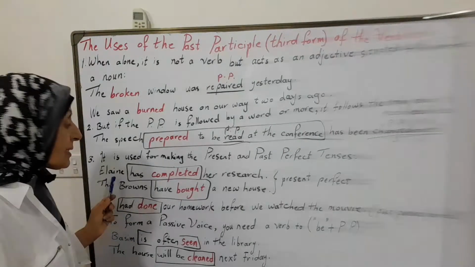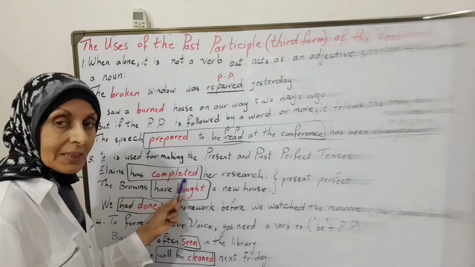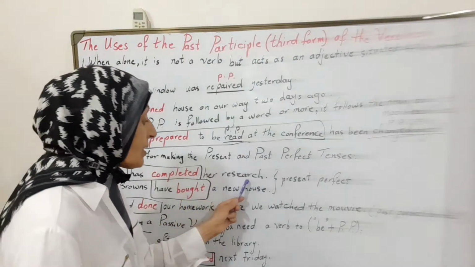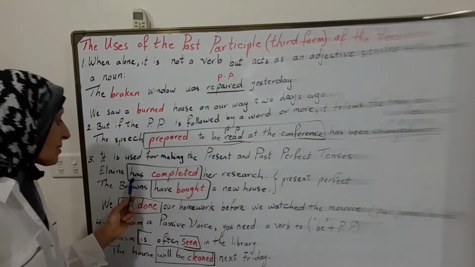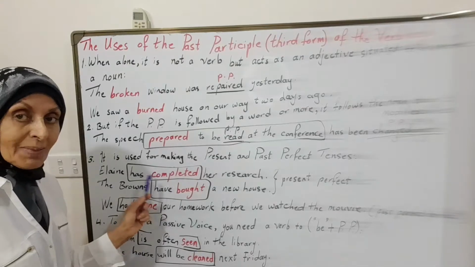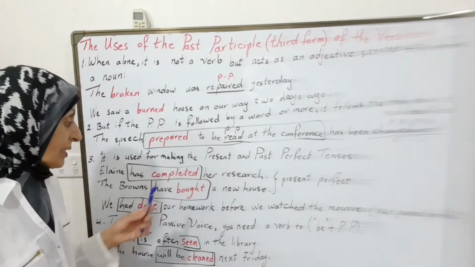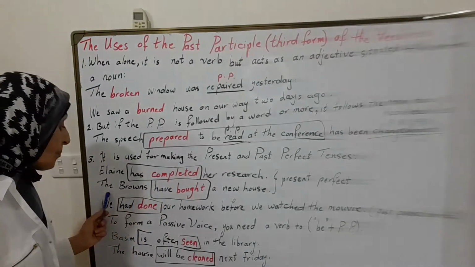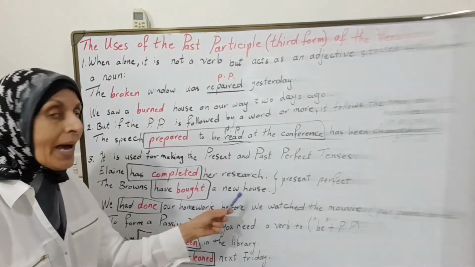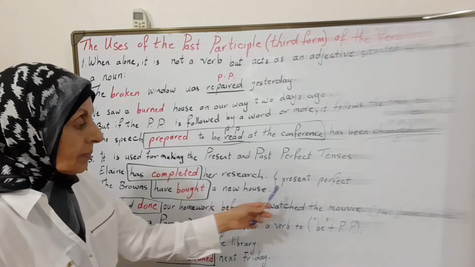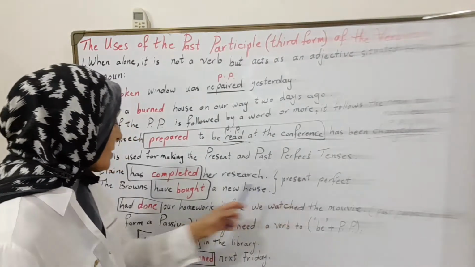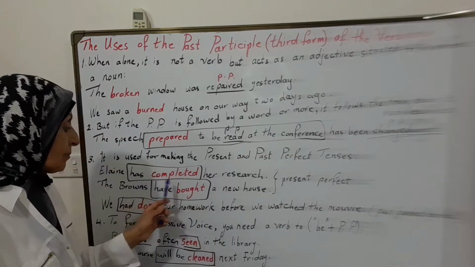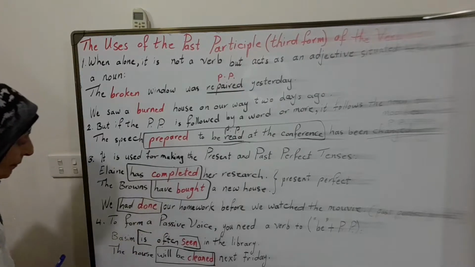So the examples: Elaine has completed her research. The verb is has completed, but today I'm focusing on the past participle and its uses. The Browns have bought a new house. These are past participles. Has completed, have bought.